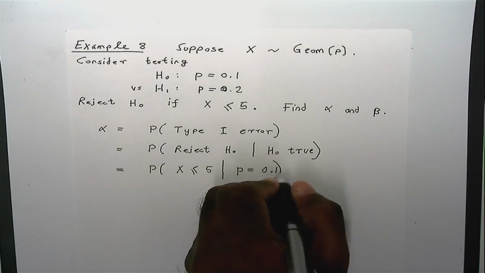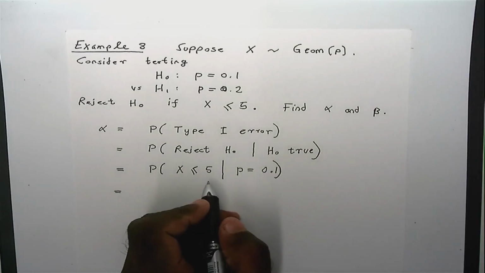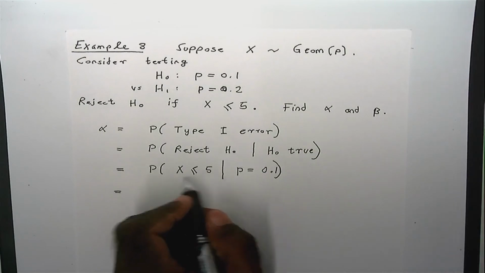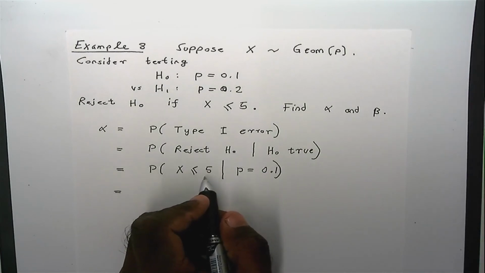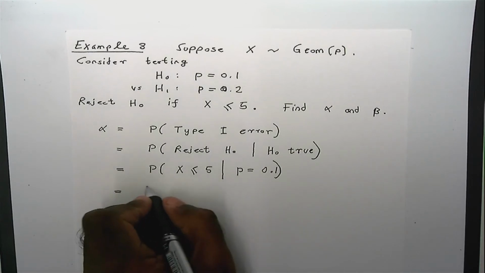Now remember, for a geometric variable, if x is less than or equal to 5, then it can take the values 5, 4, 3, 2, and 1.